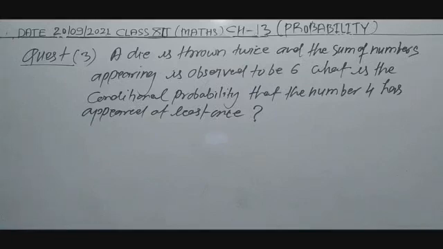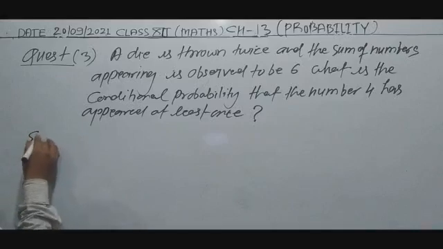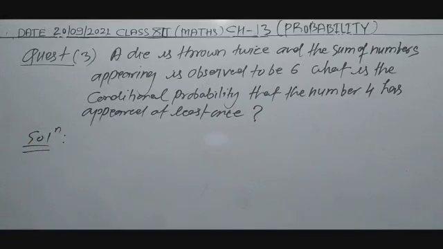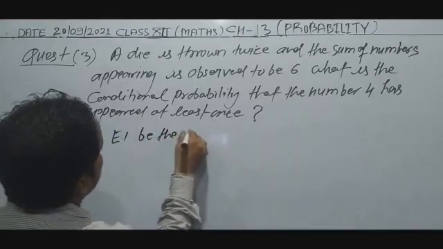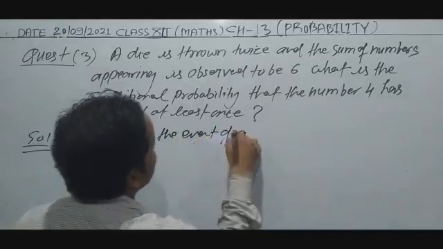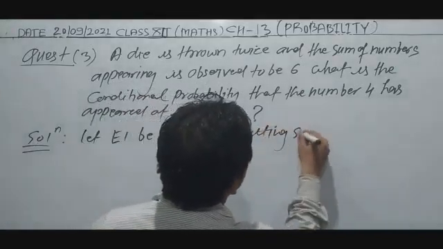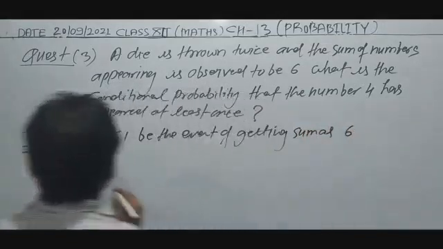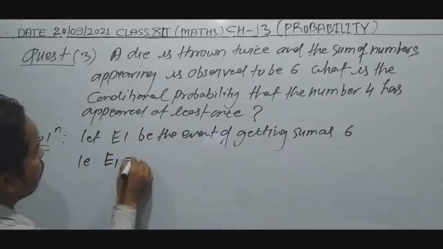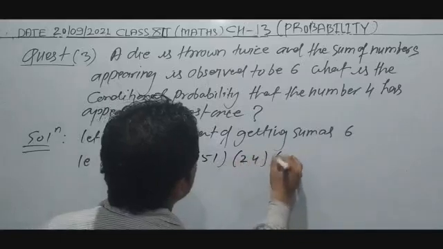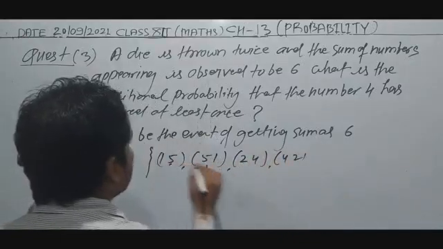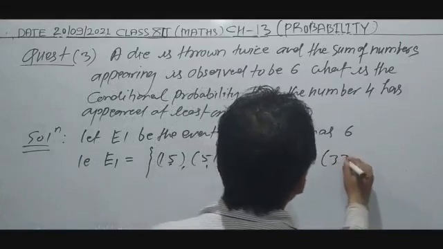So first of all we are going to consider the solution. Let E1 be the event of getting sum as 6, that is E1 = {(1,5), (5,1), (2,4), (4,2), (3,3)}.